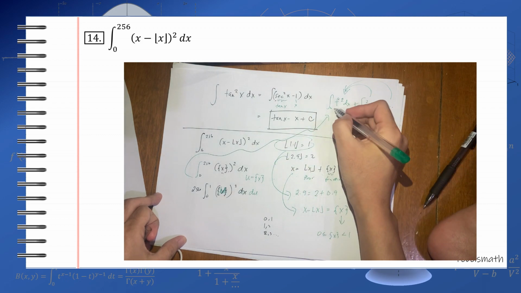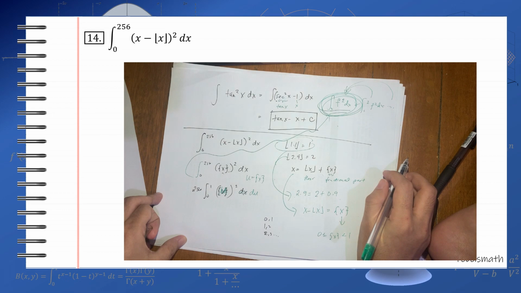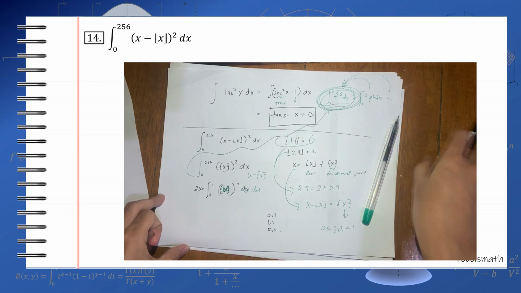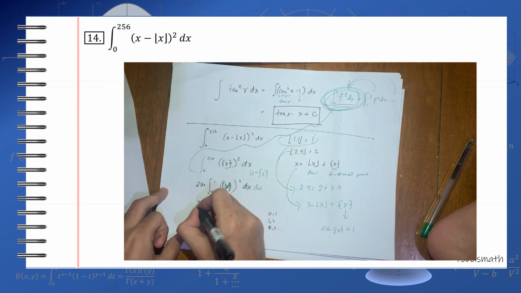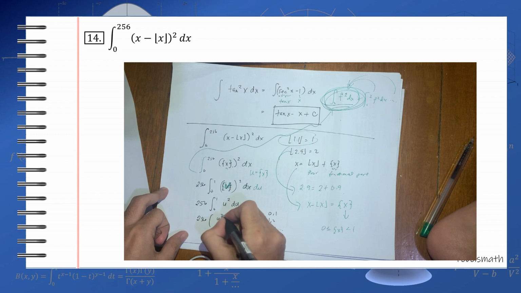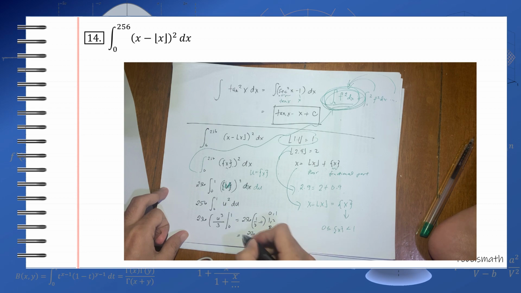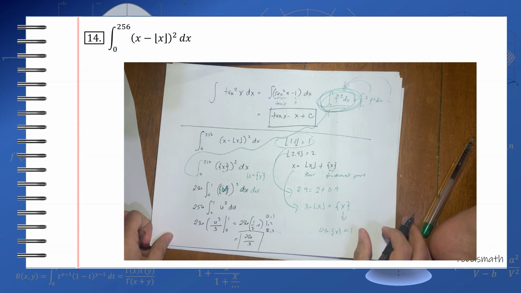Essentially you have 256 copies of this. So you are left with quite a simple integral, 256 times the integral from 0 to 1 of u squared du, which by the power rule is u cubed over 3 from 0 to 1, equal to 256 times 1/3 minus 0, which gives you 256 over 3. Finish.